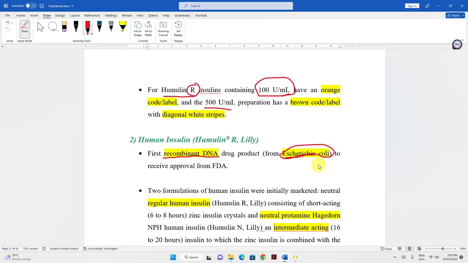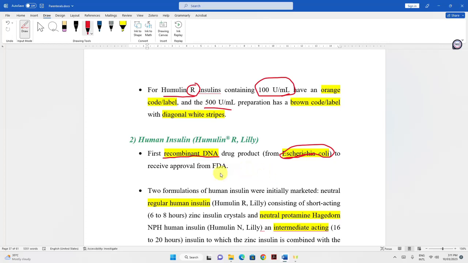You are playing with the DNA in order for E. coli to produce this human insulin, and in the end, you are purifying this insulin. You are getting the pure form of human insulin. So you are making changes to the plasmids, to the chromosomes of E. coli, in order for this microorganism or bacteria to produce insulin.